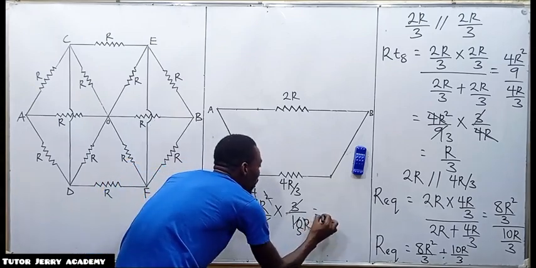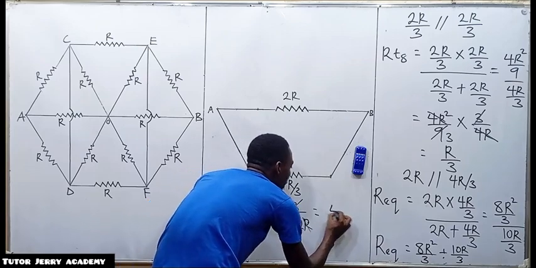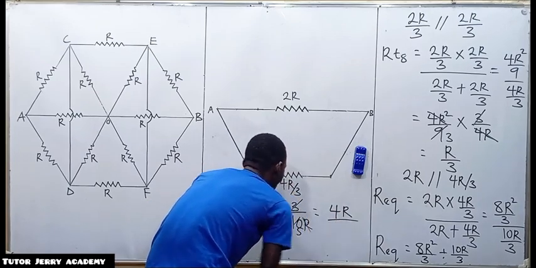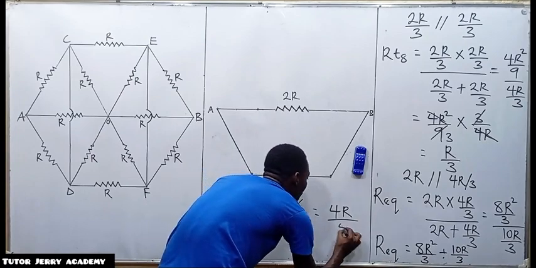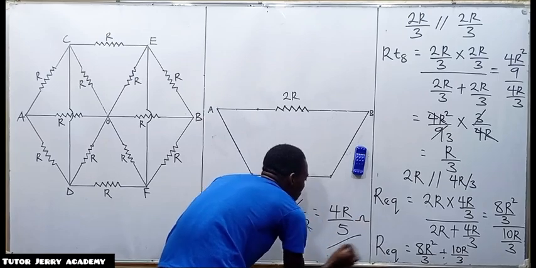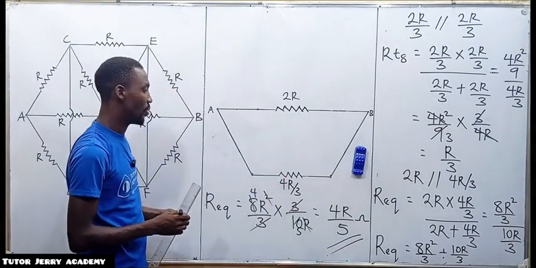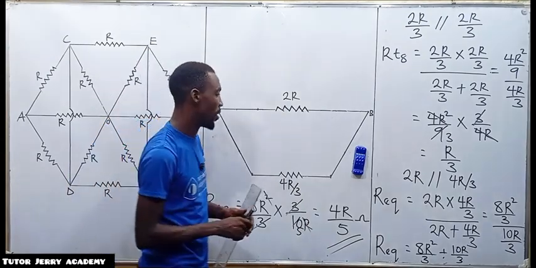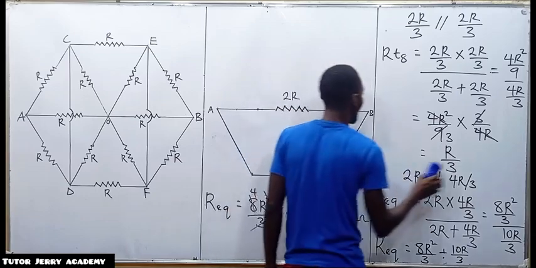So here our answer is going to be 4r all over 5 ohms. All right, so this is the solution to the above question. I hope it is well simplified.